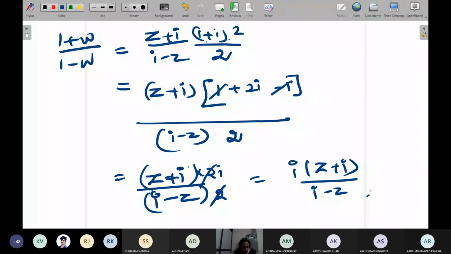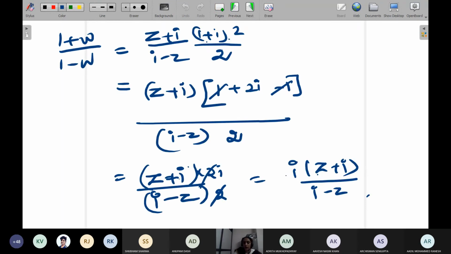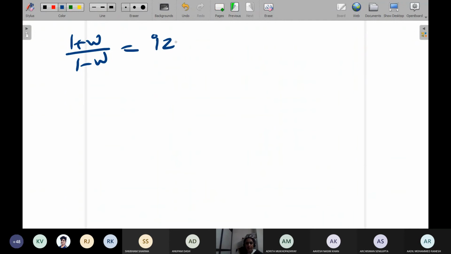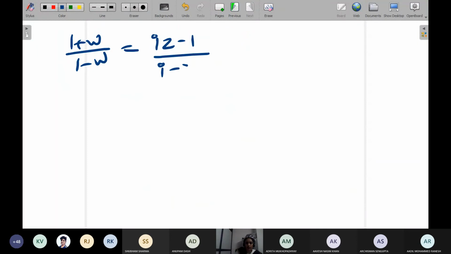But what we want on the left hand side is only w. w is equal to az plus b divided by cz plus d. That is the idea. You can multiply this i also inside. So once you multiply this i inside, you'll get 1 plus w by 1 minus w is equal to iz minus 1, since i square will become minus 1, divided by i minus z.